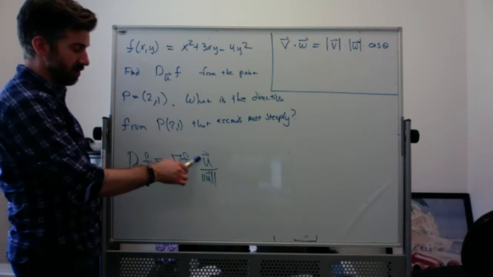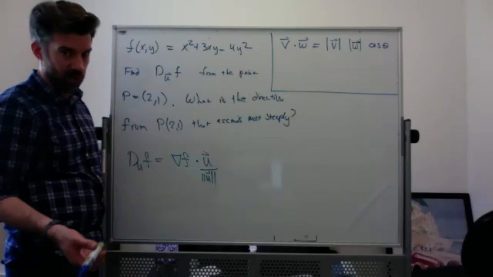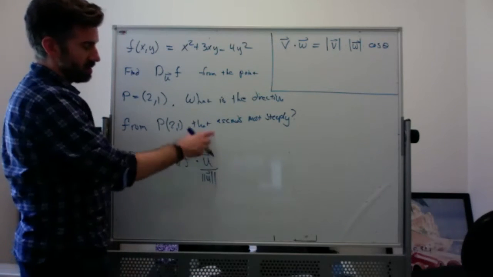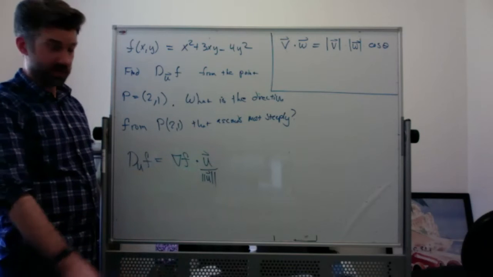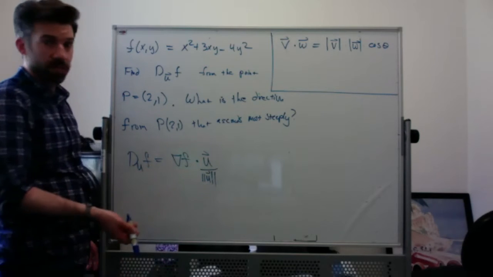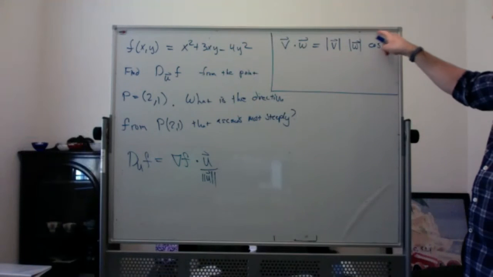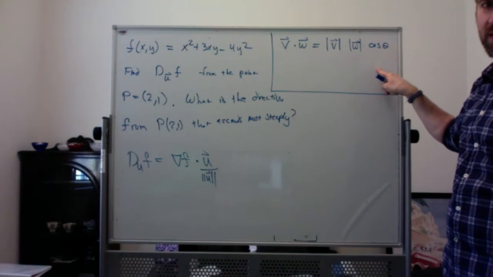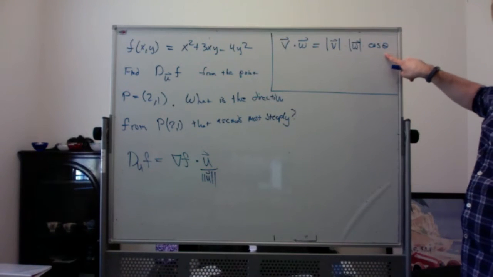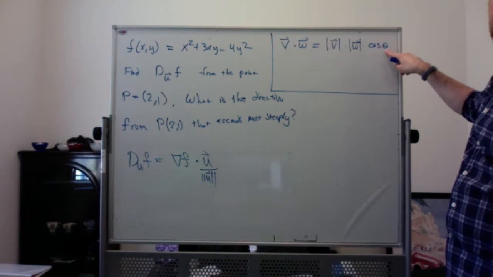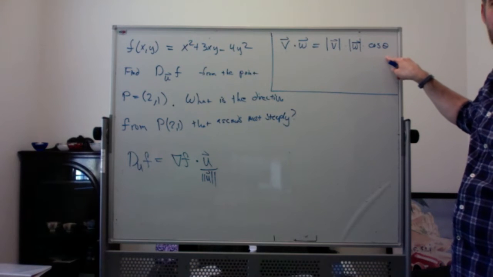When you divide a vector by its magnitude, you get magnitude 1. So this magnitude isn't changing regardless of what this vector is. This is always going to be a unit vector. So the only thing that is really changeable is cosine of theta, or really the angle theta. What's the angle that makes cosine the biggest?